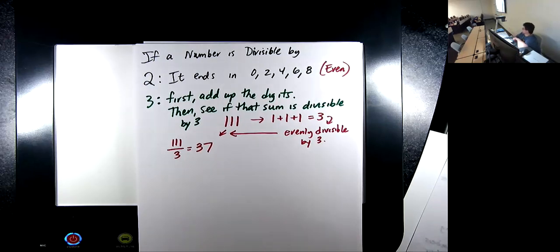If I just looked at the number 111, I wouldn't recognize that it's divisible by 3, but adding up the digits shows me that it is.